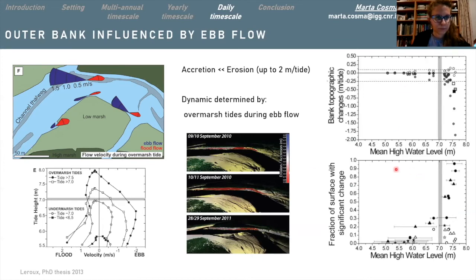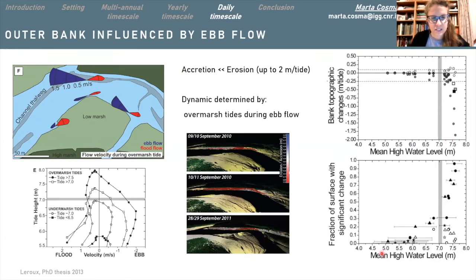The outer bank accretion is a lot less than erosion. You can see that the mean really drops down with the higher water level, with the maximum erosion of the outer bank up to 2 meters for a single tide.